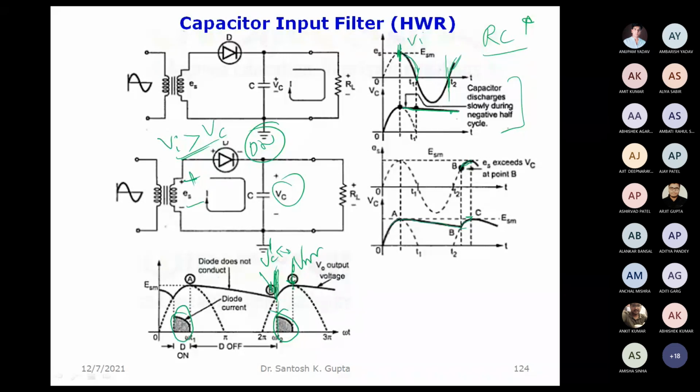Earlier the output was like this, now the output has changed. We have something like this here, and then something like this. So certainly the DC value is going to increase. We cannot do the mathematical analysis and compute the values here, but this is how the capacitor input filter is going to decrease the ripples.